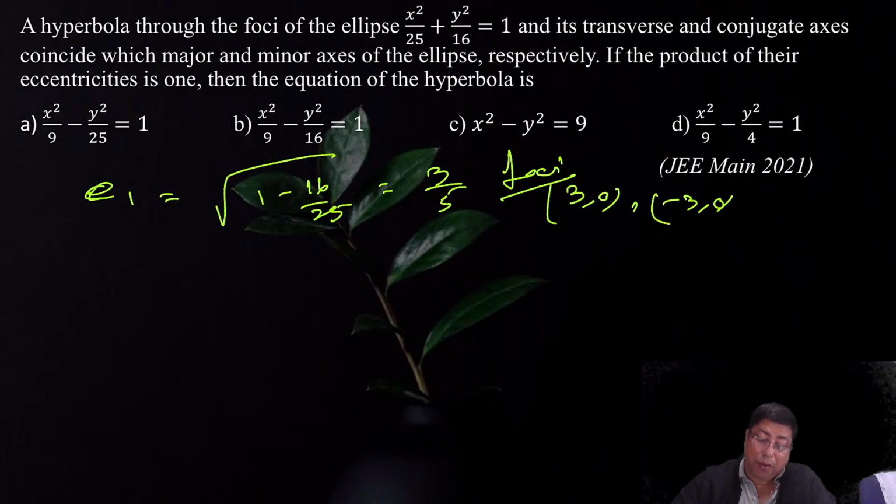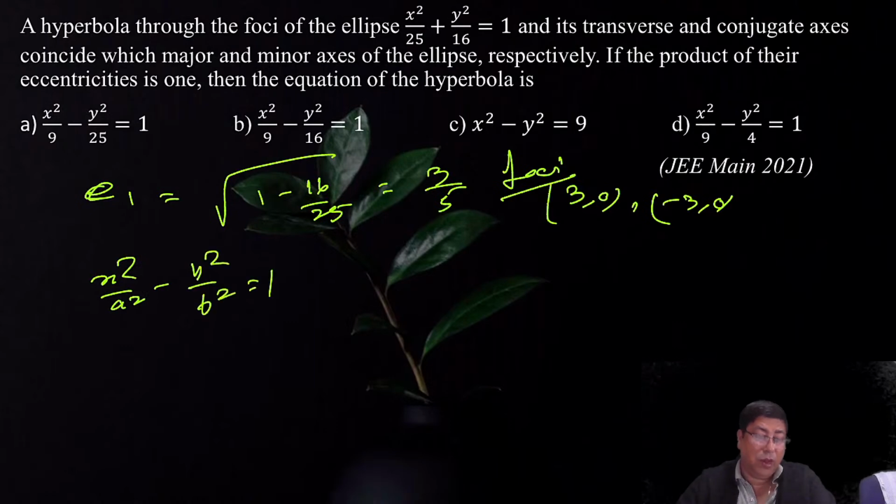So the equation of the hyperbola is x square by a square minus y square by b square equal to 1, because the major and minor axes coincide with the transverse and conjugate axes of the hyperbola. Since E1 is 3 by 5, the eccentricity of the hyperbola is E2 equal to 5 by 3.